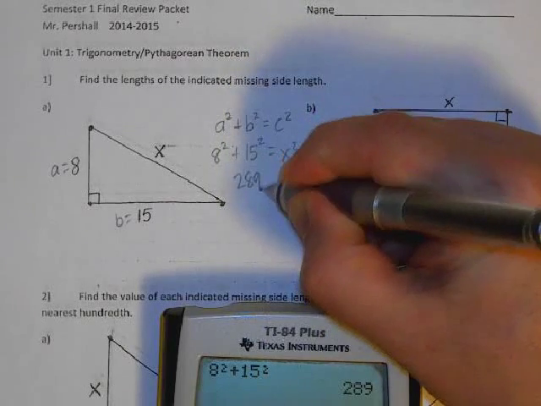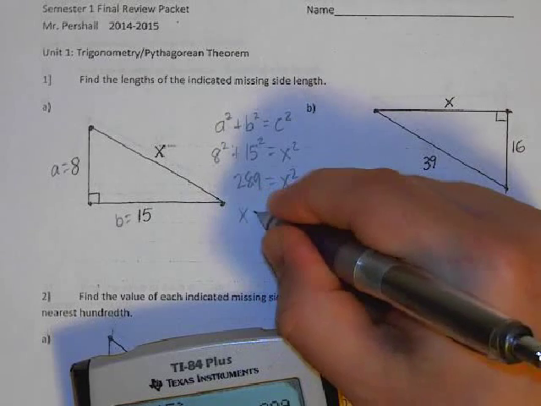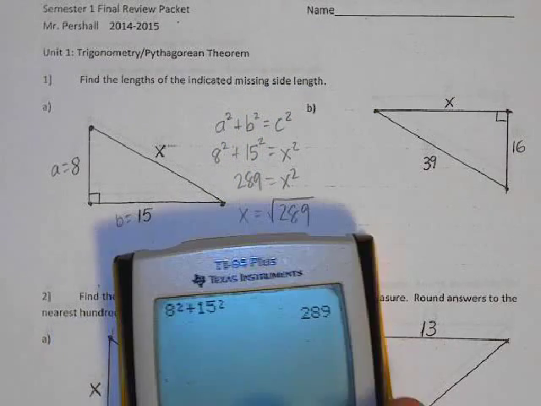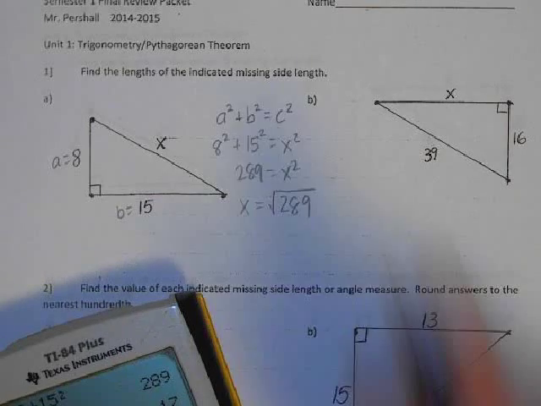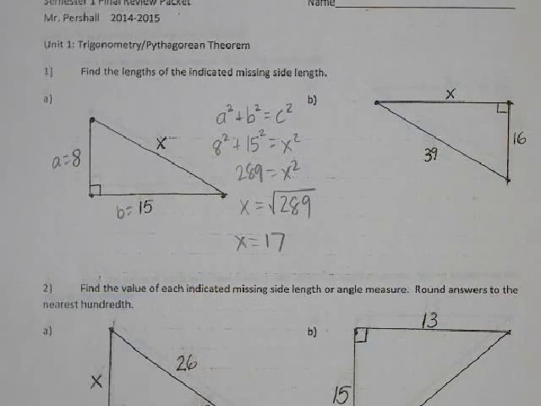So 289 is equal to x squared. Now, since we're dealing with lengths, we don't need to worry about the negative root. So let's type in the square root of 289, and we get 17. X is 17.